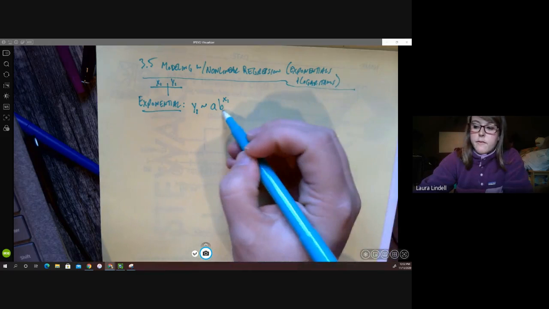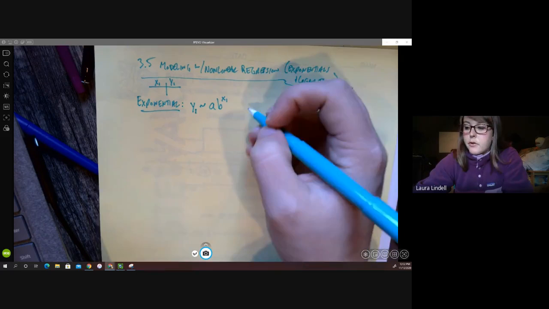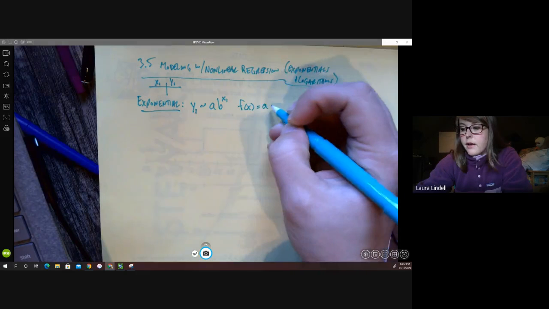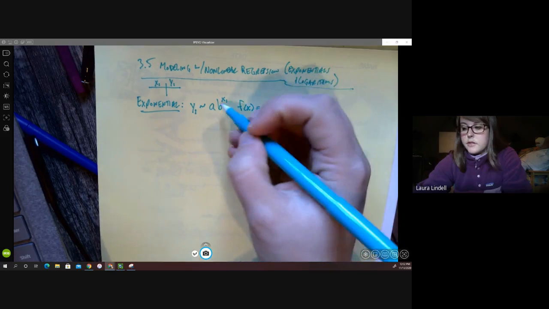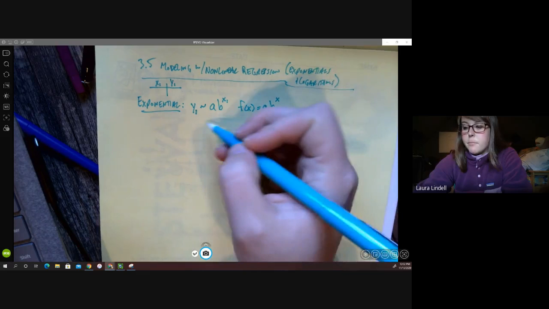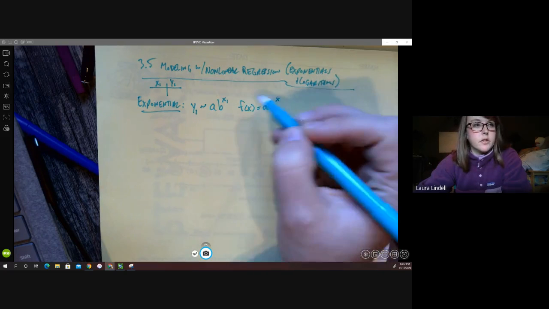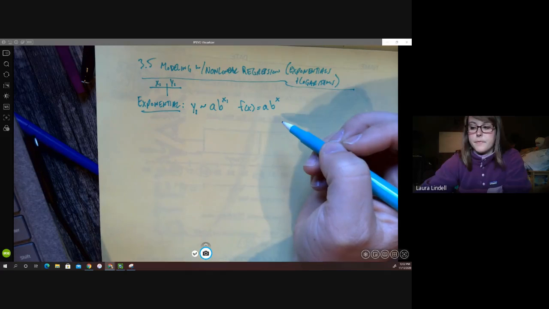It'll spit out a value for a and for b. Then your function, f of x, is going to equal a times b to the x. This is what you would type on one of the lines, and then whatever it tells you that a and b are equal to is what you plug in to figure out what your function looks like. So that's for an exponential.